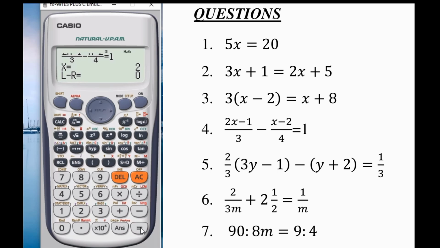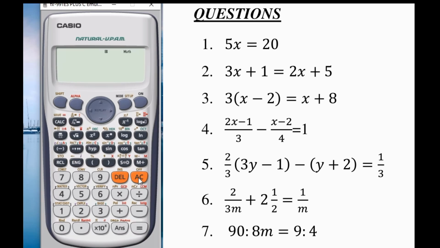Now let's move on to the sixth question. For the sixth question too, we also have another fraction, but the variable in this particular question is y. So in checking this question, instead of using x, you will be tempted to use y. But this is what you have to know. When inputting equations into the calculator, it only knows x.